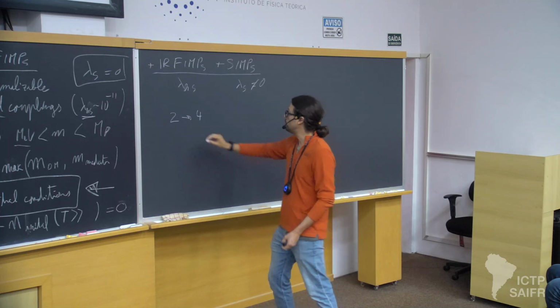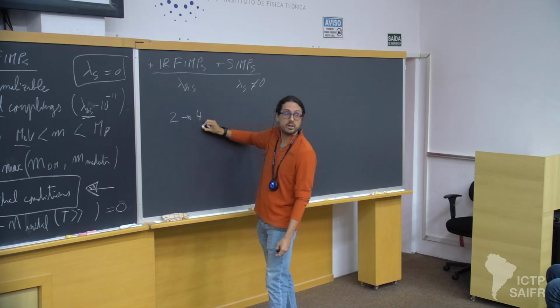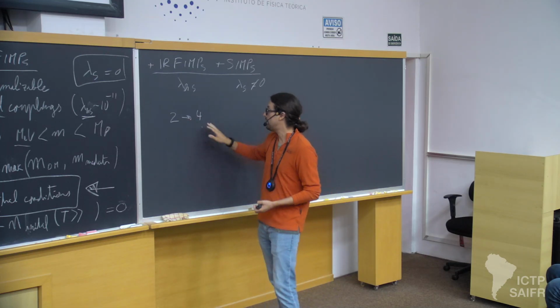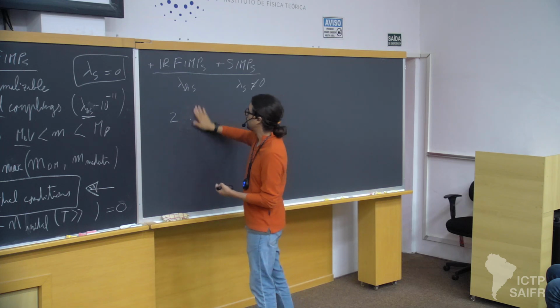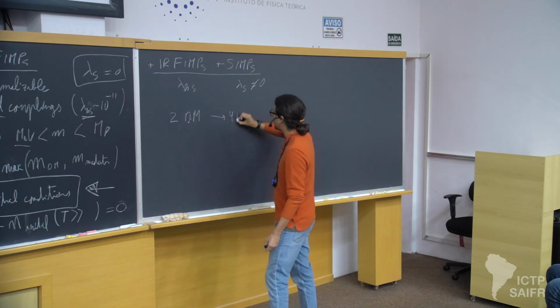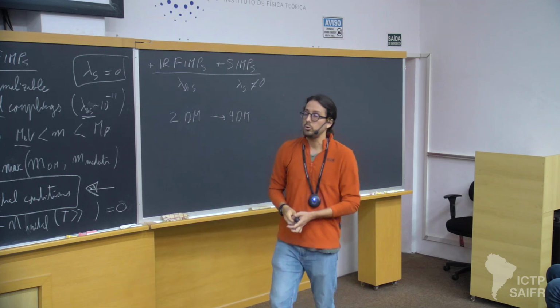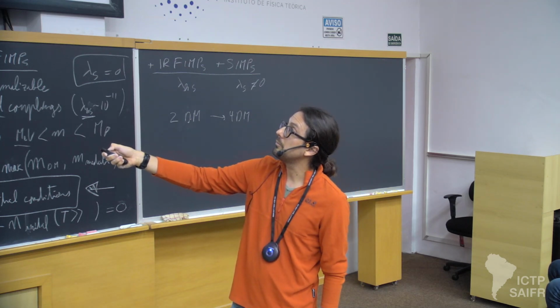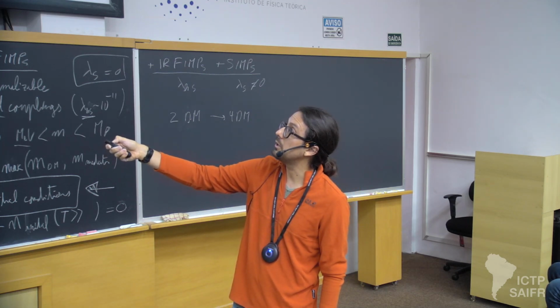You're producing dark matter, it's like self-production, dark matter out of dark matter. So it's really 2 dark matter into 4 dark matter particles. You're populating the dark sector, so we have an increase of the dark matter.